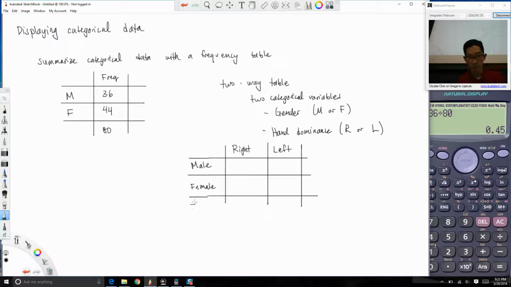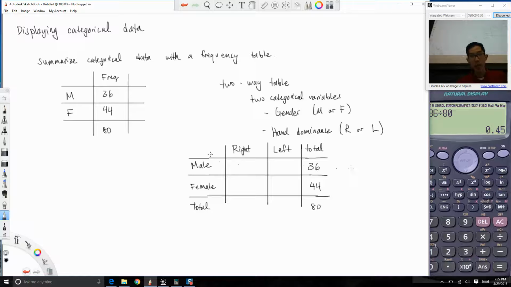As far as totals go, our grand total, if we assume this represents our classroom, we will say there's a total of 80 people. What number goes here, the total number of males that we have? 36, right? And that means 44 must go here.